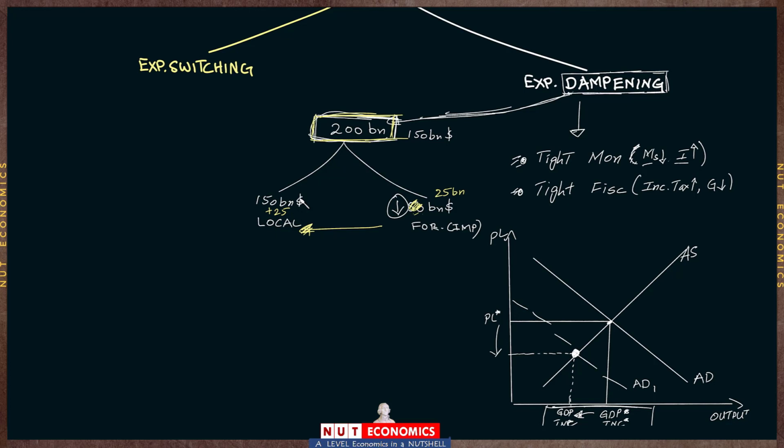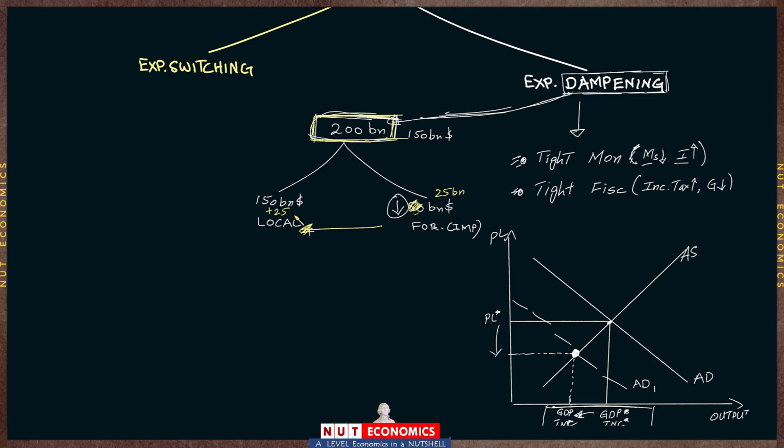So you are trying to convince the locals, the people of Pakistan, if you are thinking about Pakistan's current account deficit. So you are trying to convince Pakistanis that don't spend on foreign products, instead spend that amount but spend it on local products.